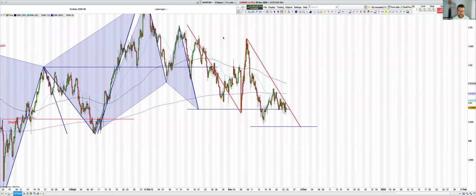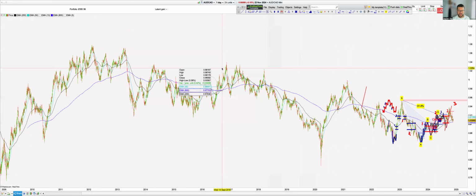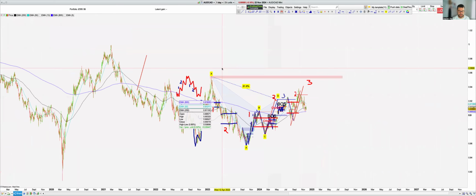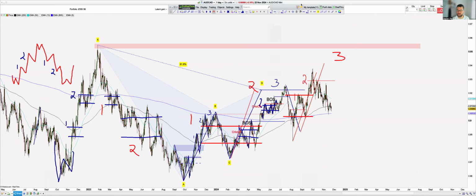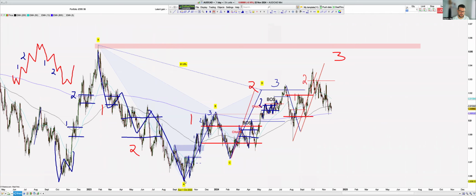But the picture on the long-term trend is bullish. The cycle is up. This is my little map. If you can overlay that onto the chart, you can see on the way down and on the way up, you can see it as well.